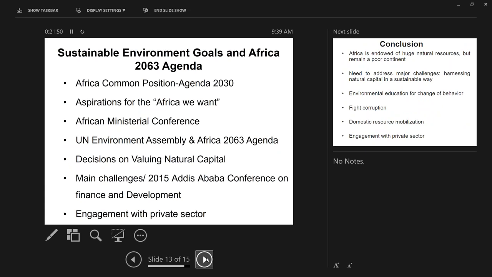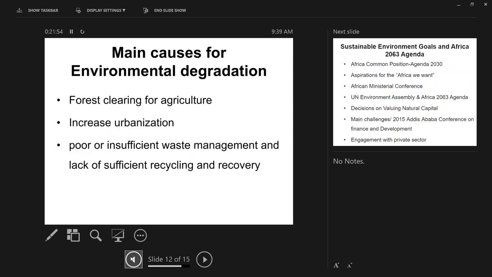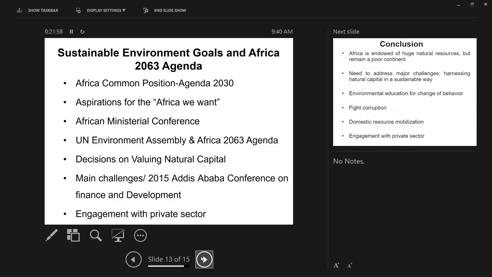You may recall you've heard about the 2030 Agenda and Sustainable Development Goals that were adopted in 2015, and prior to the adoption of the Agenda 2030, there was a common African position that was formed, and that also informed the 2030 Agenda.